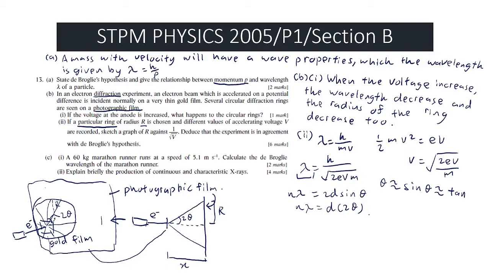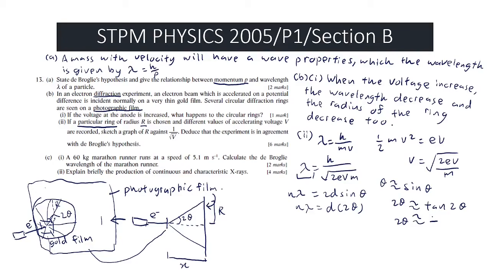In our case, we can write down like this. Two theta is approximately tangent two theta, and you can see here this tangent two theta is given by this. This is R, R is opposite, and this is adjacent.